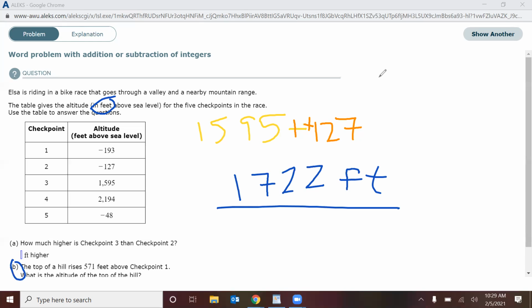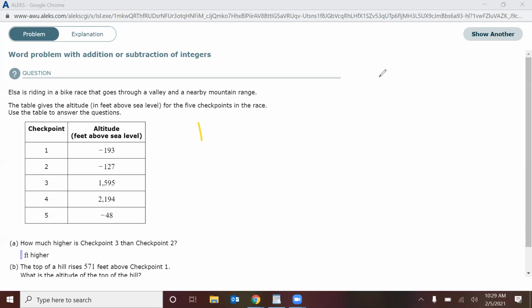Now, what about part B? The top of a hill rises 571 feet above checkpoint 1. What is the altitude of the top of the hill? So I suppose we could draw a picture if we felt like it. It's totally unnecessary, but some people will appreciate it.